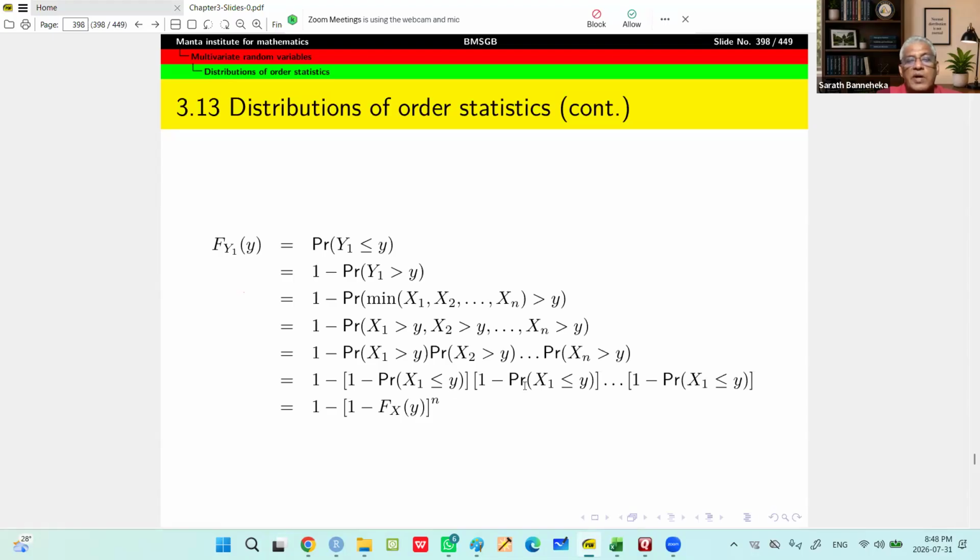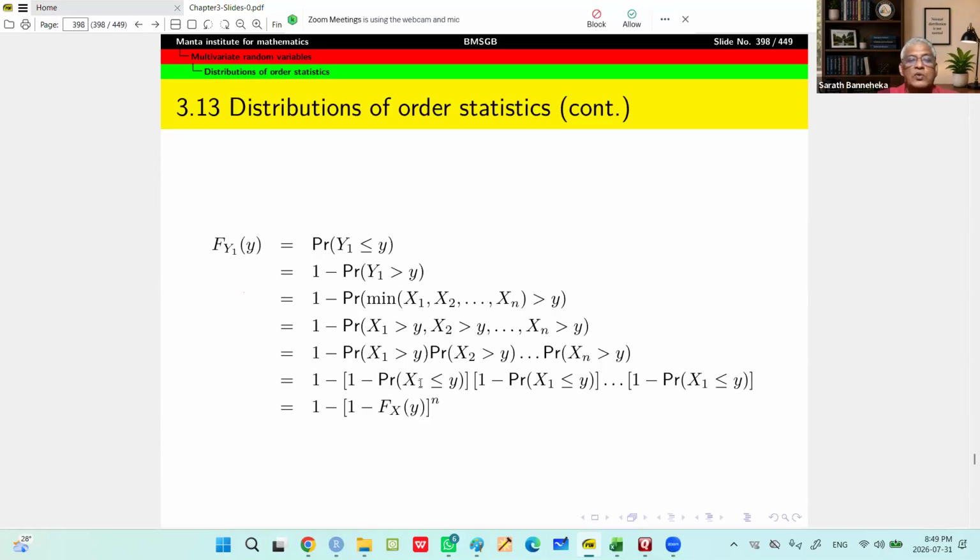This one as 1 minus the probability that X2 is less than or equal to y, but that is the same as 1 minus the probability that X1 is less than or equal to y, because X1 and X2 have the same distribution. And this one, 1 minus the probability that Xn is less than or equal to y, is the same as 1 minus the probability that X1 is less than or equal to y, because Xn and X1 have the same distribution.